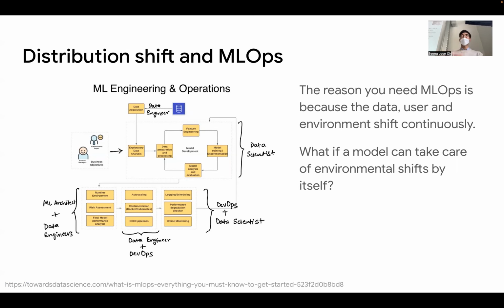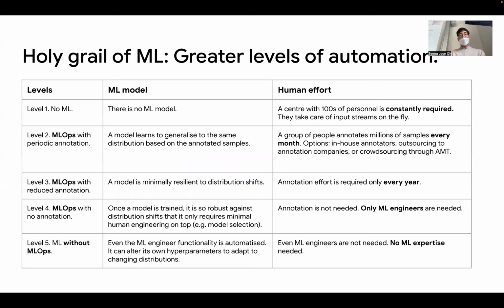And ideally, you have to do this semi-automatically, so you don't need a lot of people maintaining this kind of system. So ideally, eventually, we wish to get over the MLOps levels as well. Let's say the holy grail of machine learning is a greater level of automation.